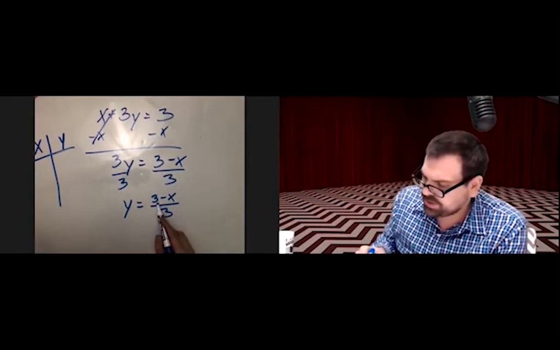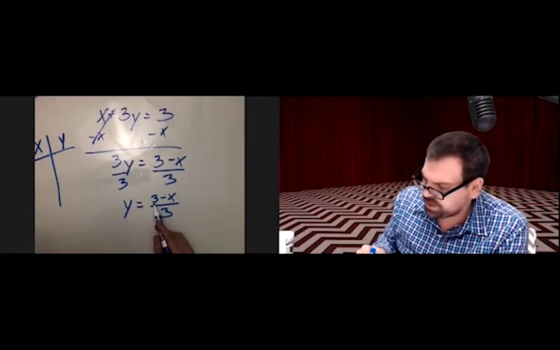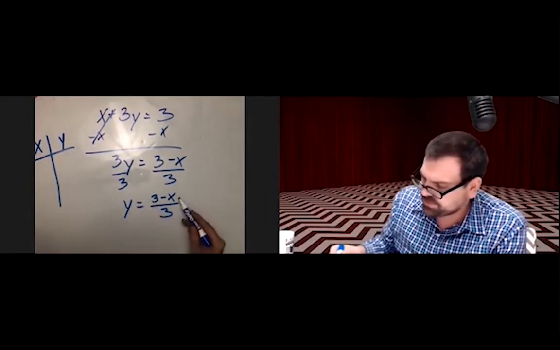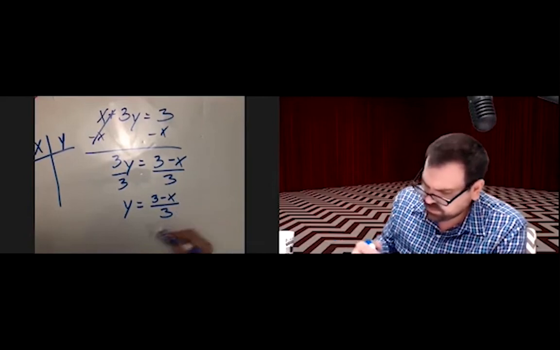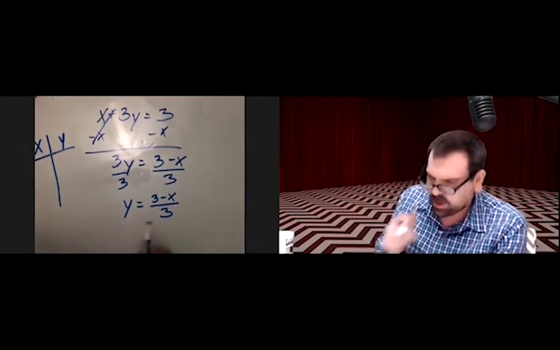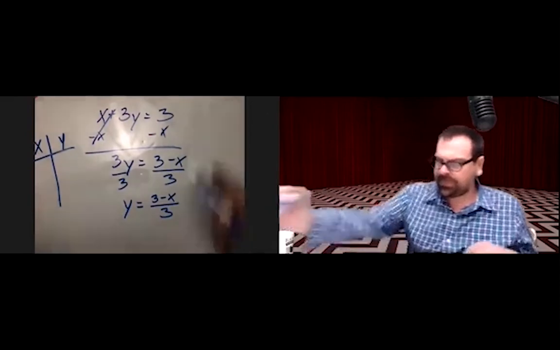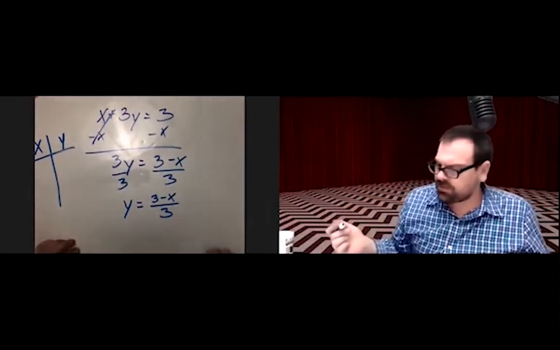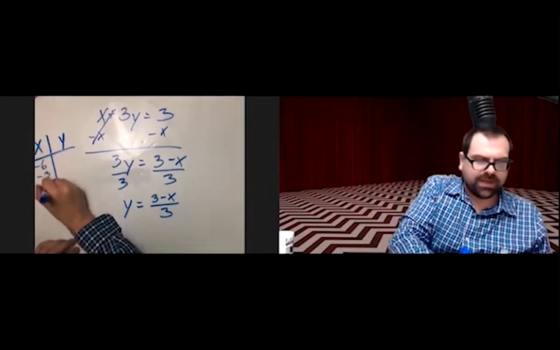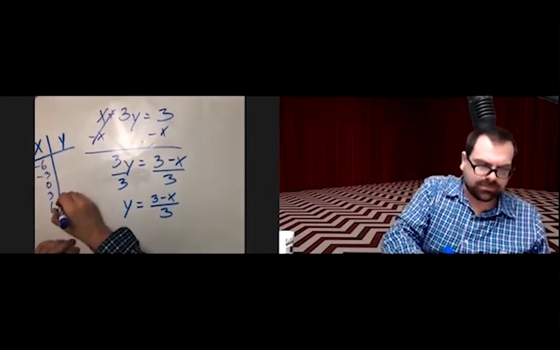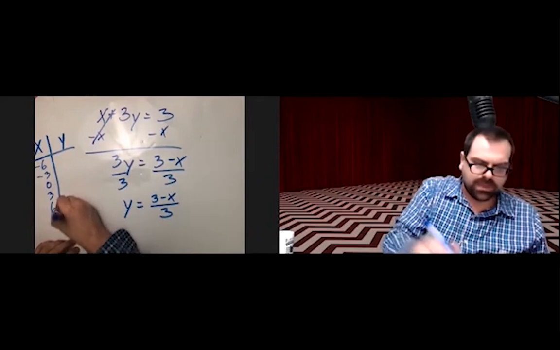So since we're going to be skipping 3 off of it anyway, if x was divisible by 3 and we did 3 minus that x and divided by 3, we should get some nice even y's. So I'll pick some multiples of 3. -6, -3, 0, 3, and 6. These should work.